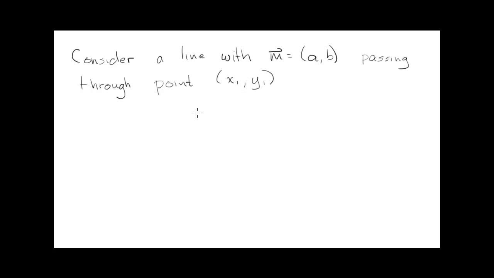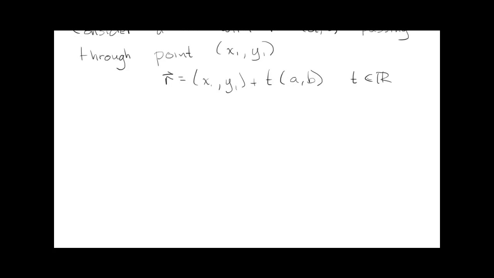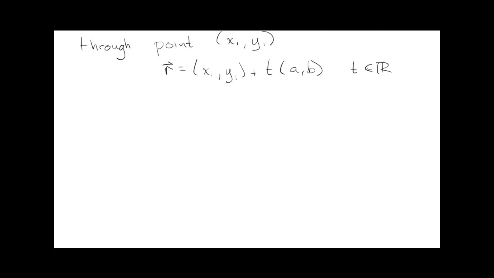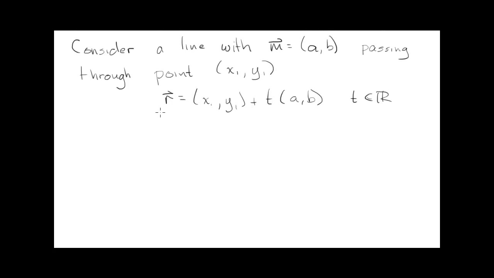So that's the point. So therefore we know the vector equation is x1, y1 plus t times a, b, where t is a real number. That's your vector equation. Well, what about slope? How about the slope? What's m?